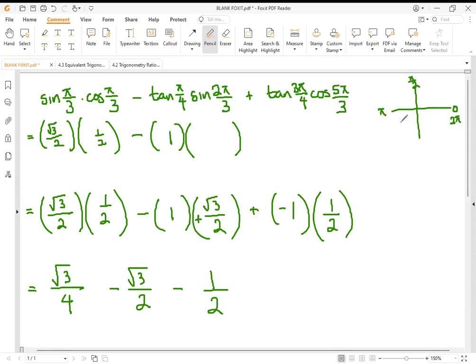And what's between 1 and 2? 1.5. Is 2 pi over 3 equal to, smaller than, or larger than 1 pi? 2 over 3 is 0.66. It's smaller than 1 pi. So I know it's going to be here.